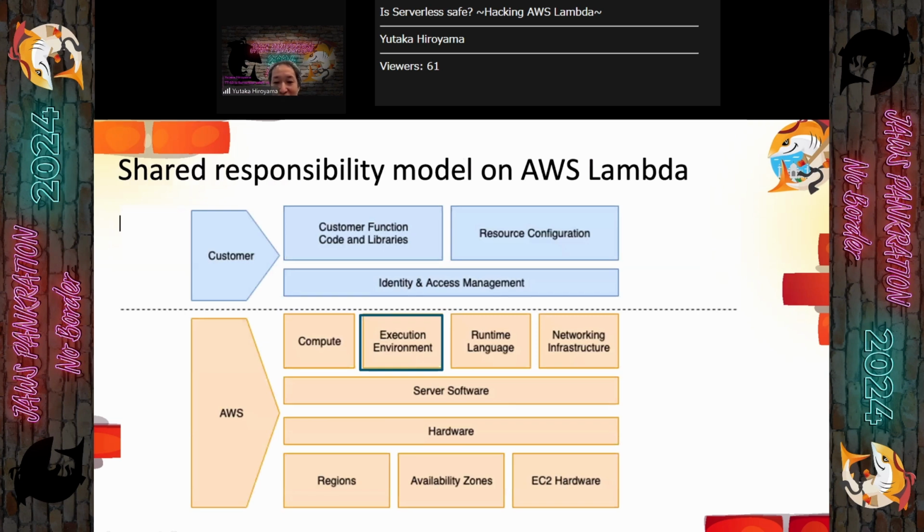No, this attack occurred in this area. So it's the customer's responsibility. In other words, AWS Lambda architecture is not bad. Using a library which has a vulnerability is bad.